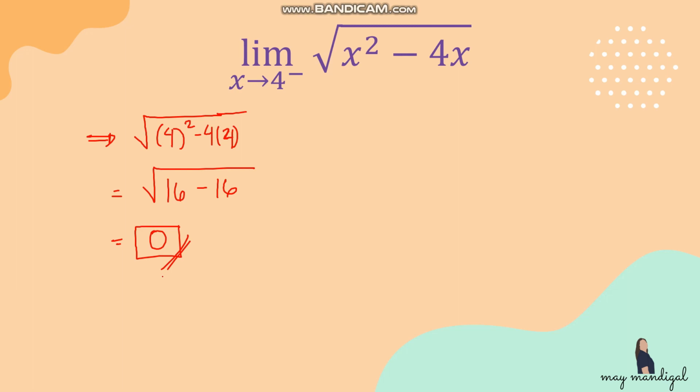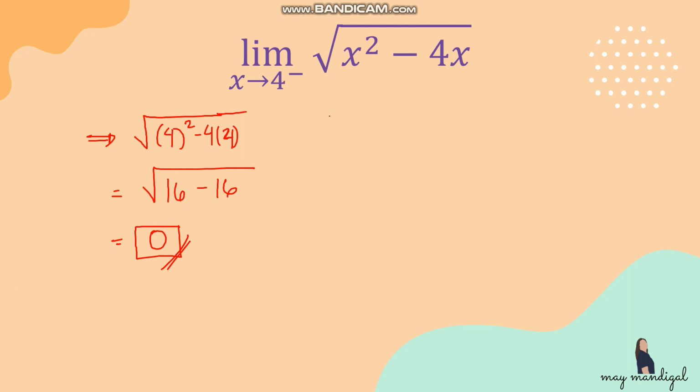Now, we have to know if this is really true or valid, that the value that our function approaches as x approaches 4 from the left is really equal to 0. So how are we going to check? Let's do the same thing we did on the previous example.